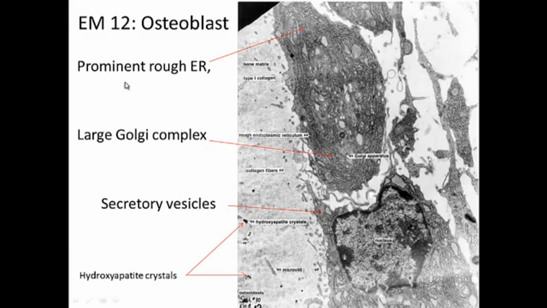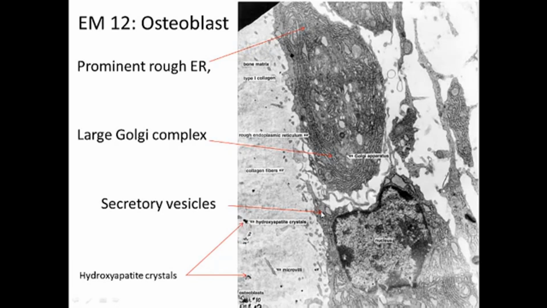Here we see an electron microscopic view of the rough endoplasmic reticulum, which is indicative of protein production, and bone is protein. Type 1 collagen is a main component of bone, and then you also have hydroxyapatite crystals, which crystallize bone and make it hard.